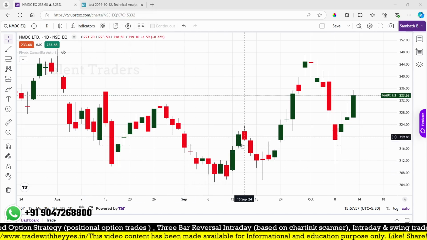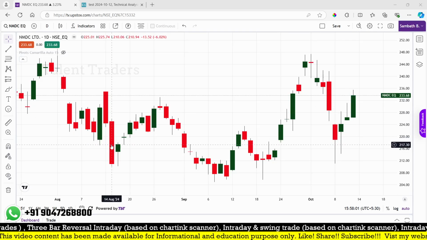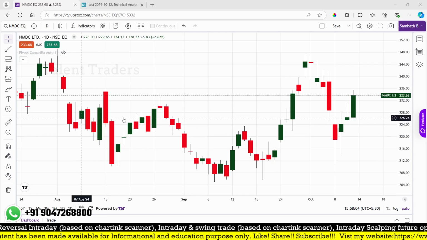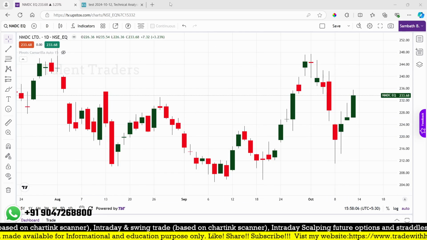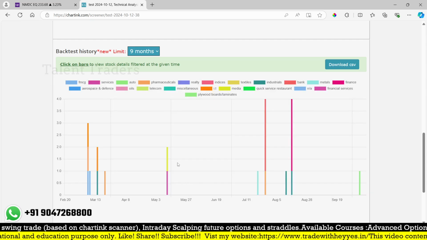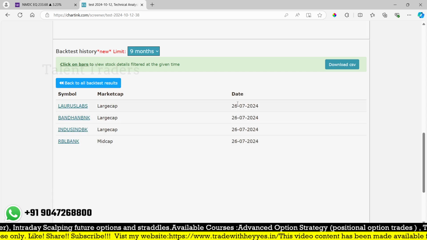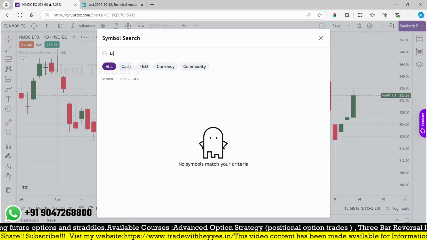After that, what kind of stop loss? Around 230 and 217 may be triggered, and after that it moves, but as per the logic it is a stop loss trade that is still available in our backtest. That will help you find this. Lara's Lab, Bandhan Bank, IndusInd, RBL on 26/7.